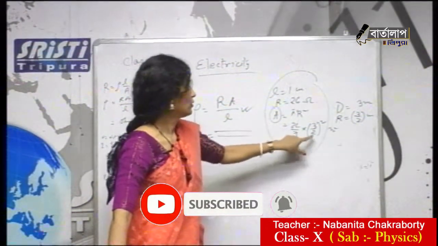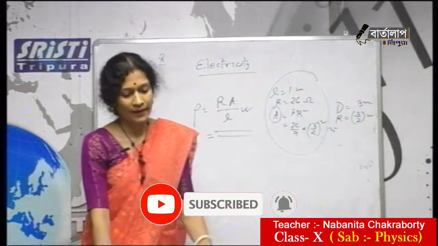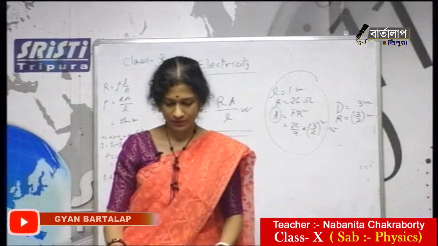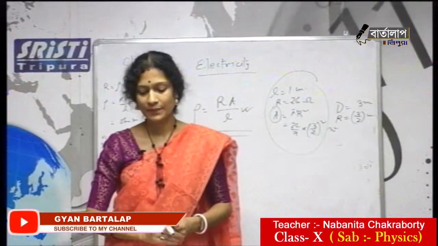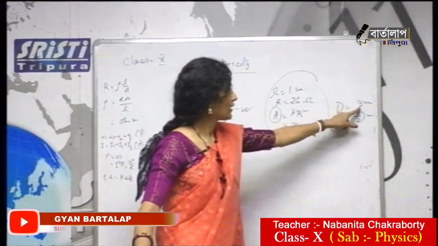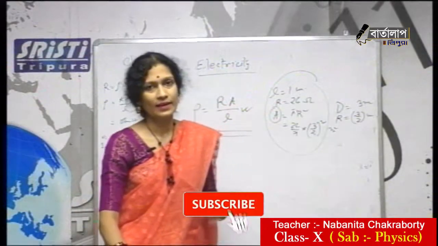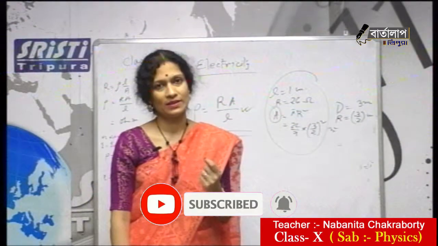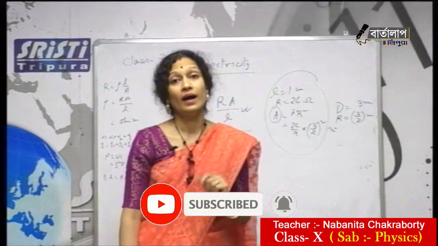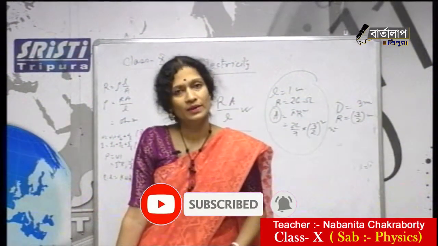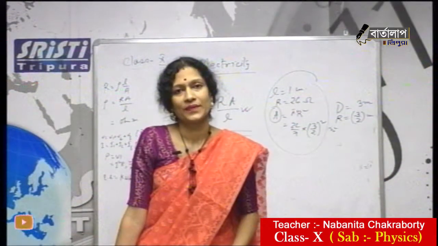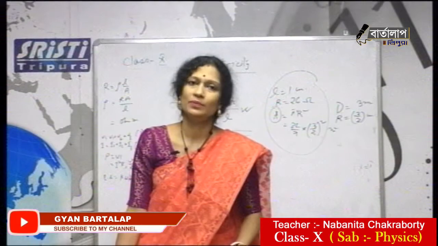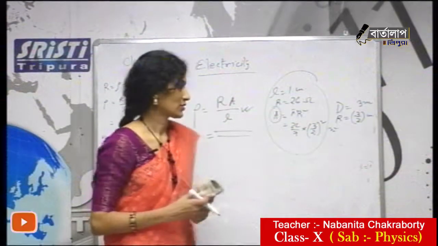Then put the values. In this type of numericals, as I also discussed yesterday, if it is given in centimeter, then you have to change it first to meter. That means you have to change it to SI unit. After that, you will solve the numericals, because we have to calculate numerical problems in the same unit. In that way you can solve this.